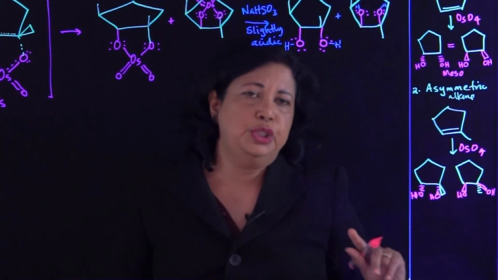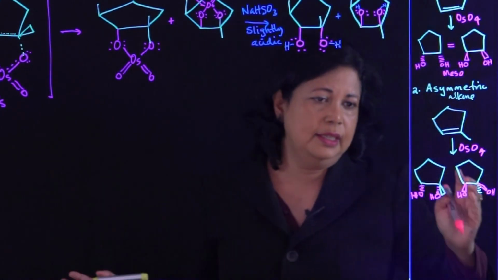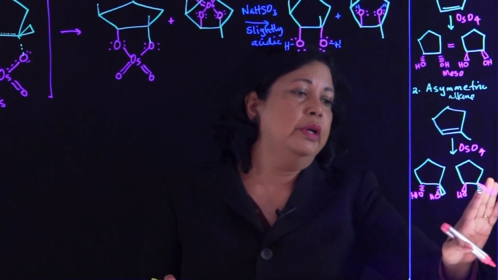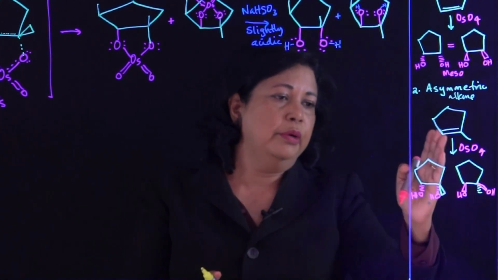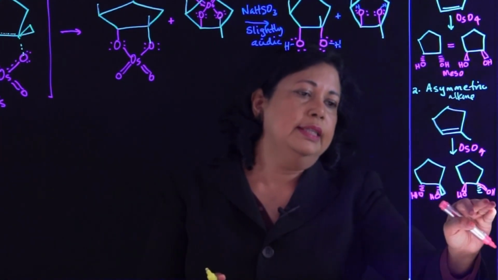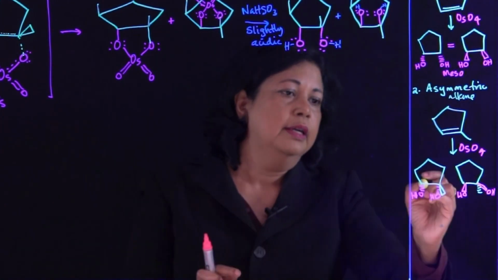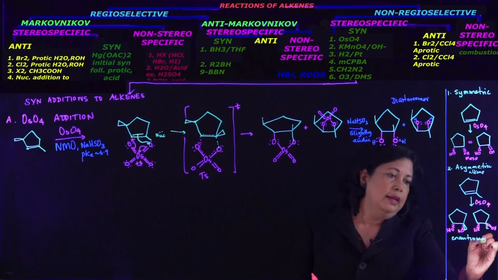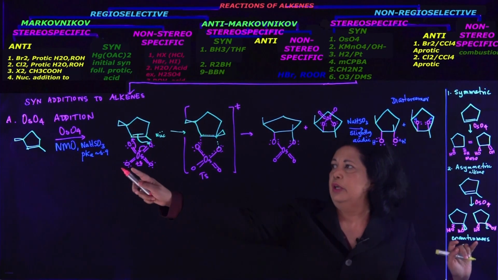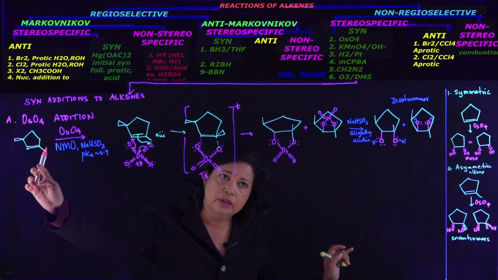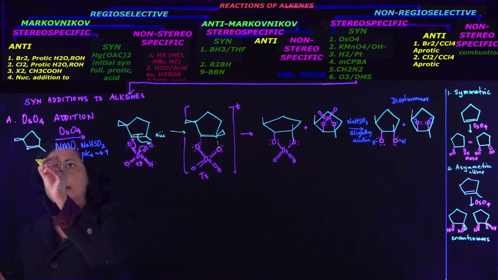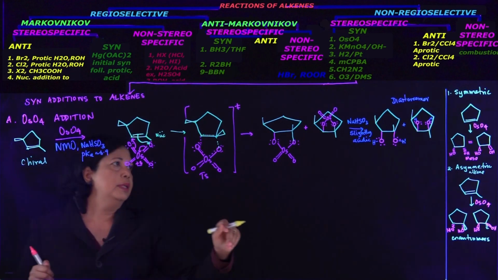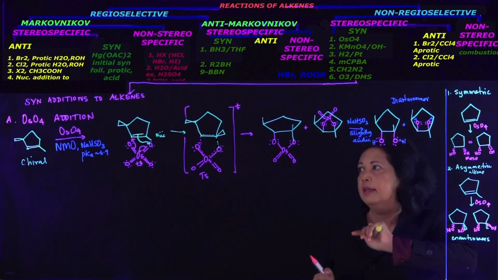Now, what do you think these two are? Well, obviously, they're not meso anymore. You don't have a plane of symmetry. Now, they're mirror images. You take this and you put a mirror here. You're going to reflect this over here. So you're going to have enantiomers. And in this case, as we saw here, if you take a chiral alkene, in this case, this is chiral here, you're going to end up with diastereomers.